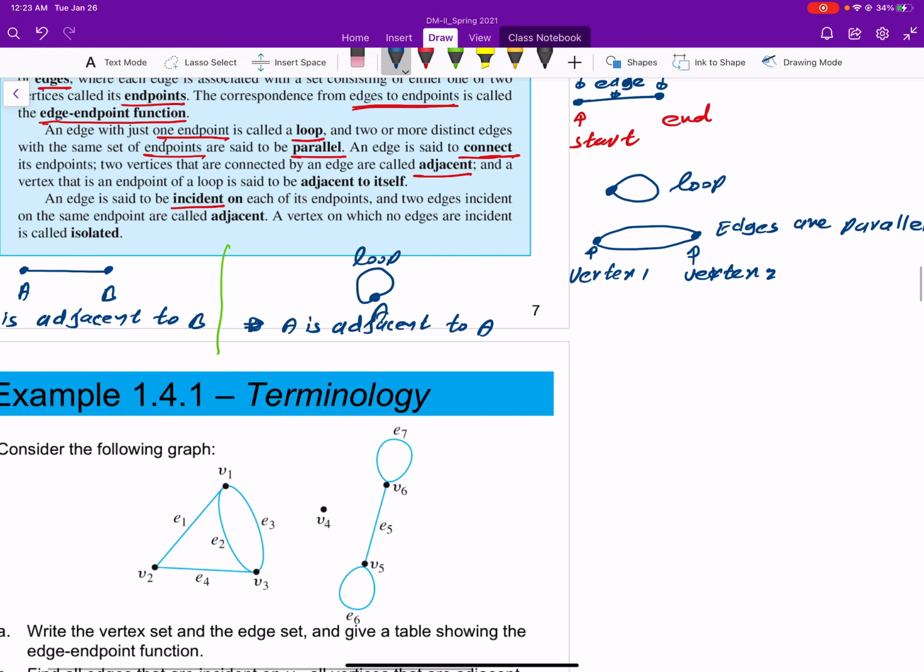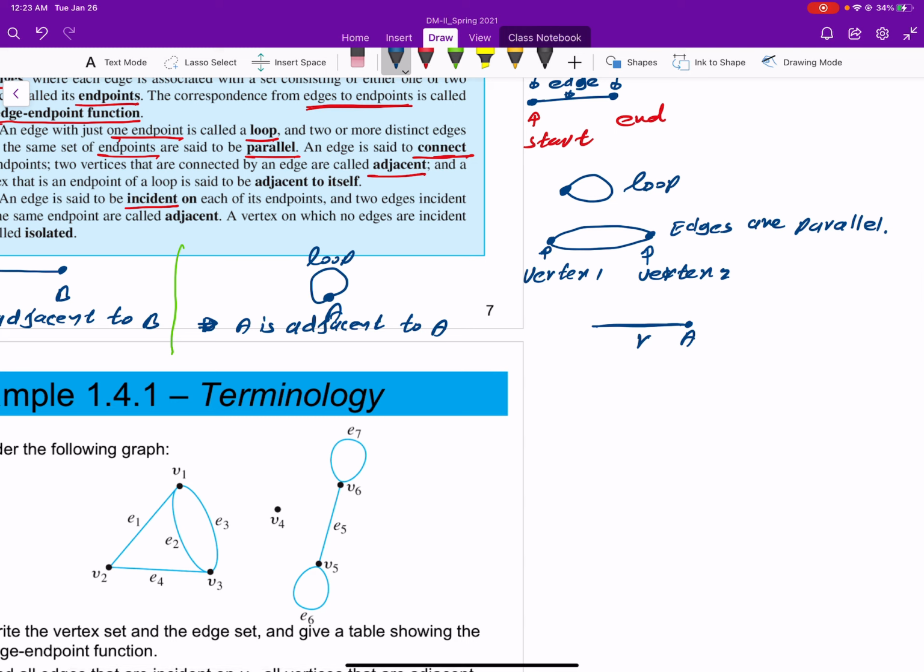So you have an edge. Let's say this edge is V, and here you have A, the vertex.